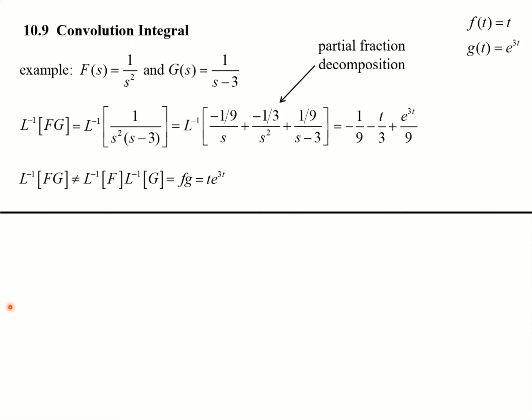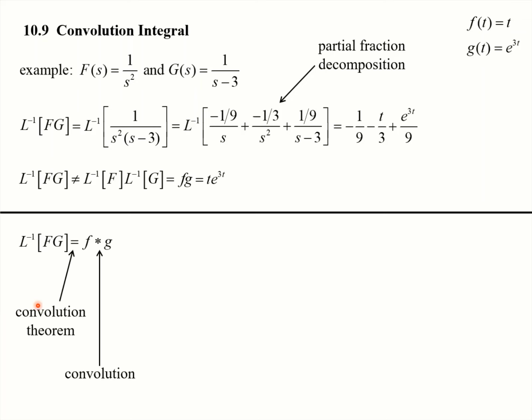Okay, let's take a look at another way of doing this, and this is probably going to blow your mind here because it's going to be new ideas. There's another way of doing this, and let's just go ahead and show you what this is. This right here, when you go F with the star and a G, that's called a convolution. Okay, it's a new word. And the convolution theorem says that if you take the inverse transform of a product, it is the convolution of their inverse transforms.